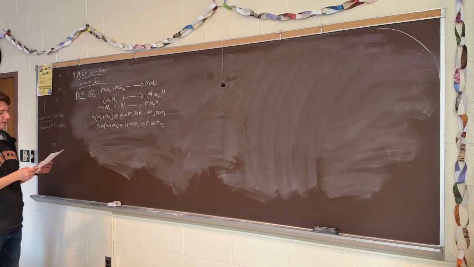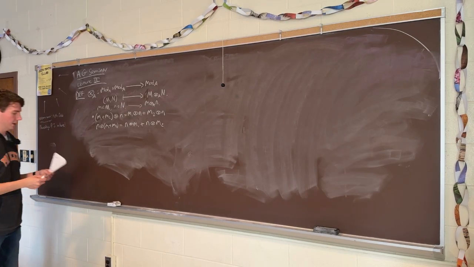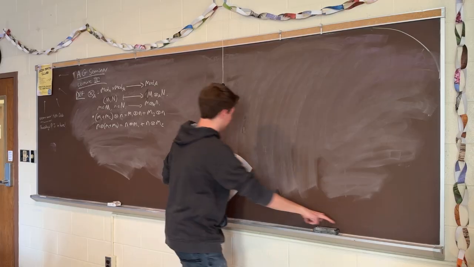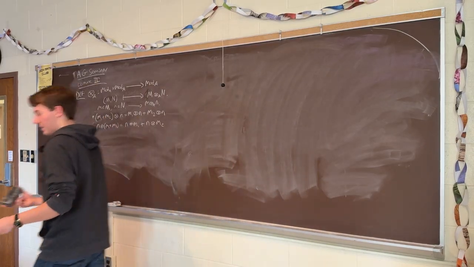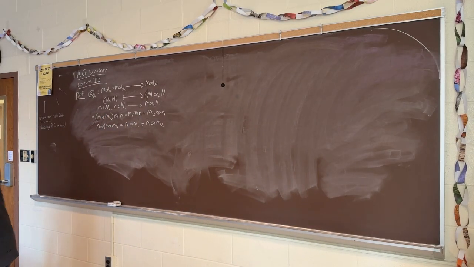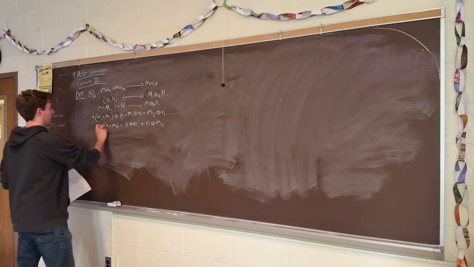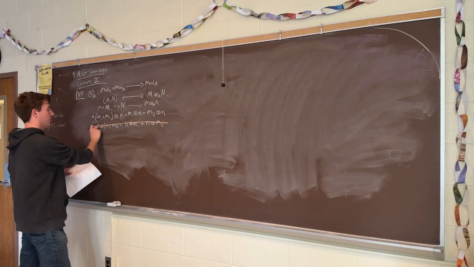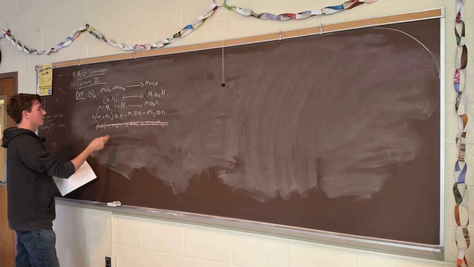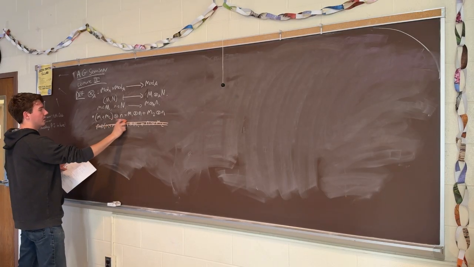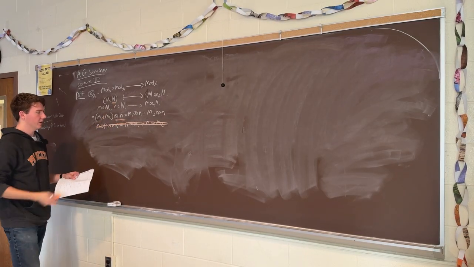I'm suddenly realizing that this is written a slightly different way. This is actually not correct. Let me take an orange thing and cross through it. And there's a reason why this is not correct. And it's a very important thing structurally. So you'll note that n goes on the right and n is in the right here.